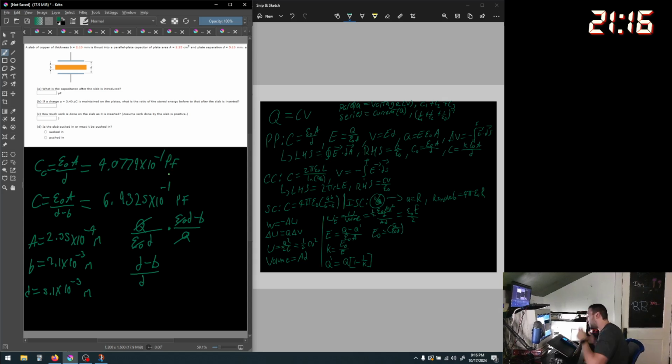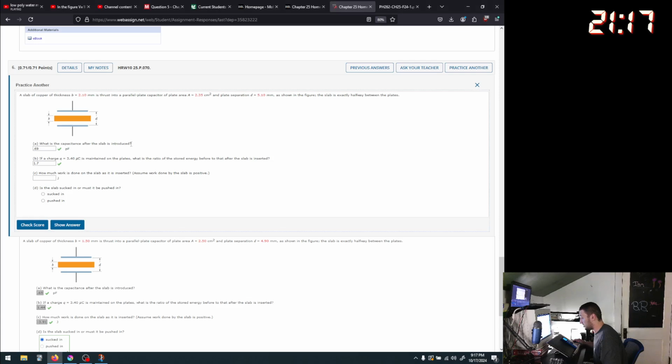Work done is the change, final minus initial. So it's going to be this minus this, which is 2.85 joule. Does that seem right? Negative 2.85.